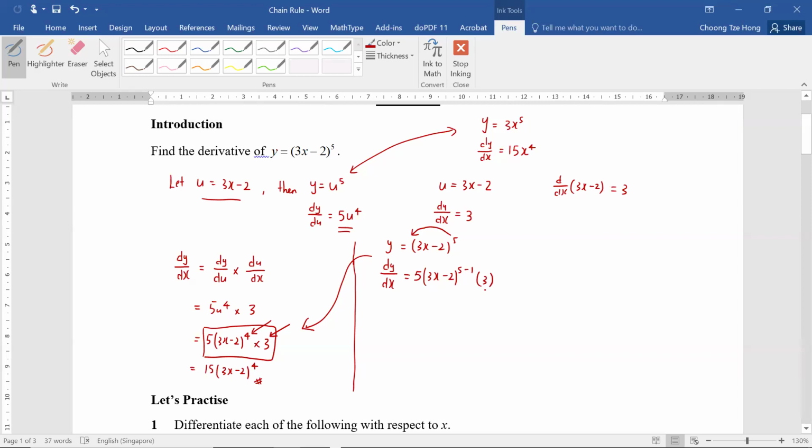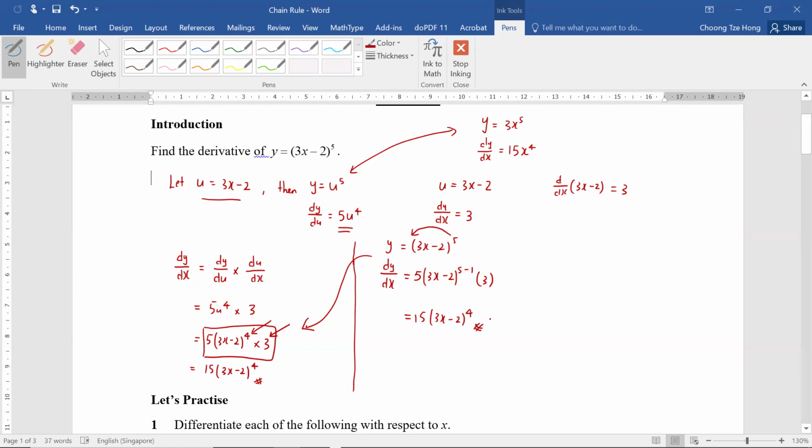So the mechanics of chain rule is very simple. I repeat again: bring the power in front as per normal, reduce the power by 1, and then the extra step is to differentiate whatever is inside the bracket and multiply it behind. So you end up with 15(3x minus 2) to the power of 4.